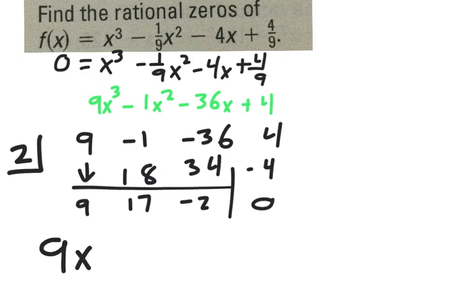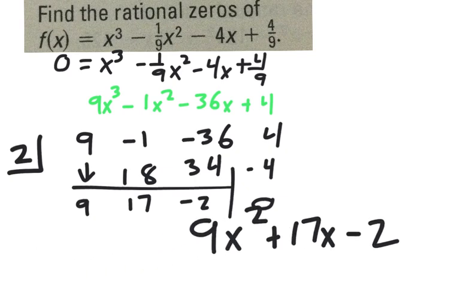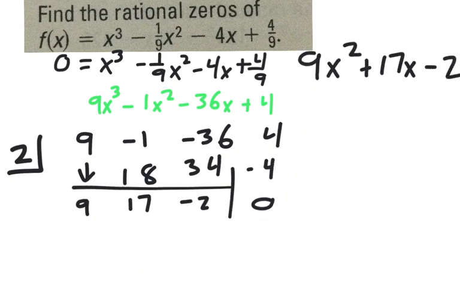So that left me with 9x squared plus 17x minus 2. And so now if this were me, I would factor that. So A times C is 18. What multiplies to be 18 added or subtracted is 17? 1 and 18. So I'm going to rewrite this as a positive 18x minus 1x.